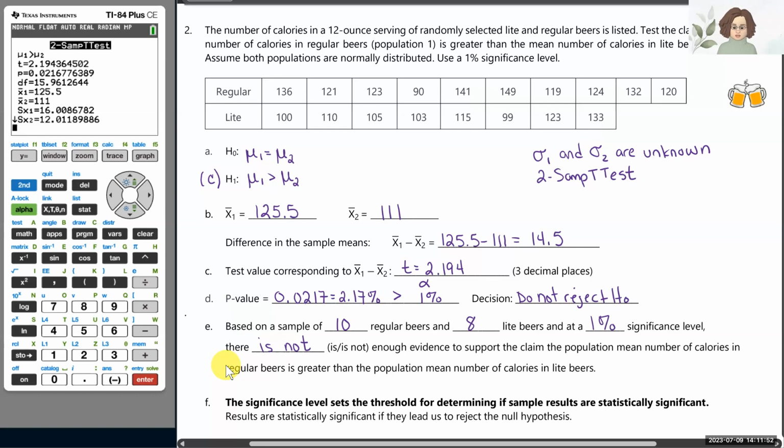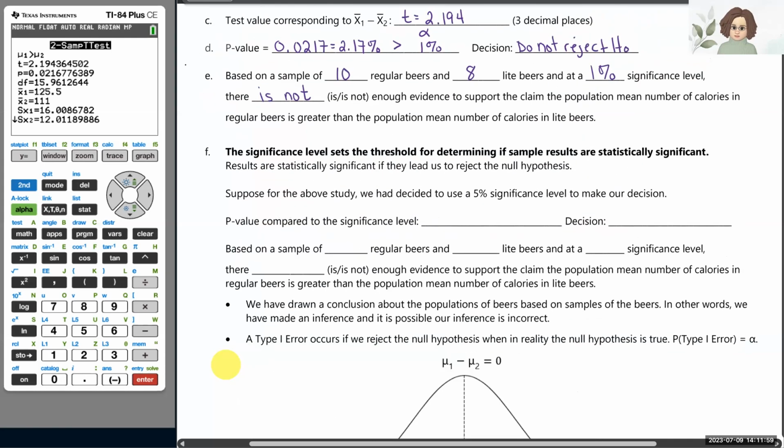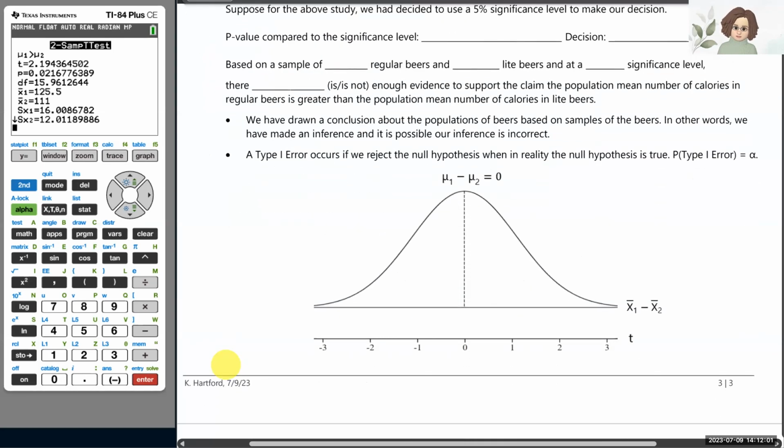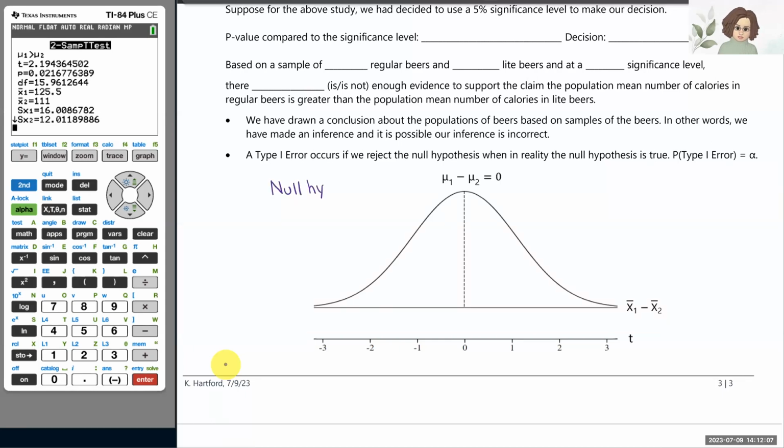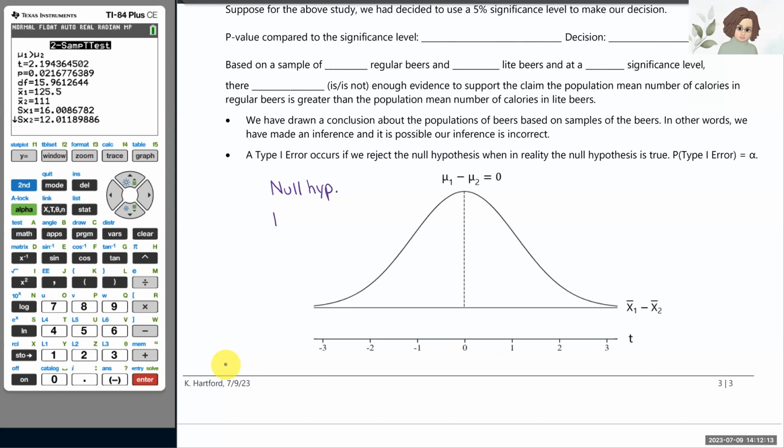Before I do my part F here, I'm going to go to the bottom so you can see the visual of what we're doing. As always with hypothesis testing, we assume the null hypothesis is true at the start, and then we decide if we'll be rejecting it. Remember, the null hypothesis was that the means were equal.